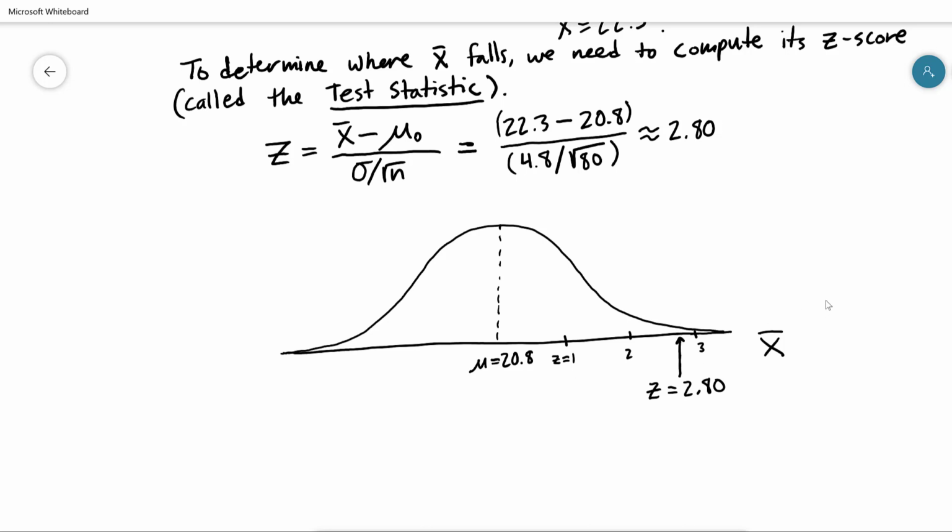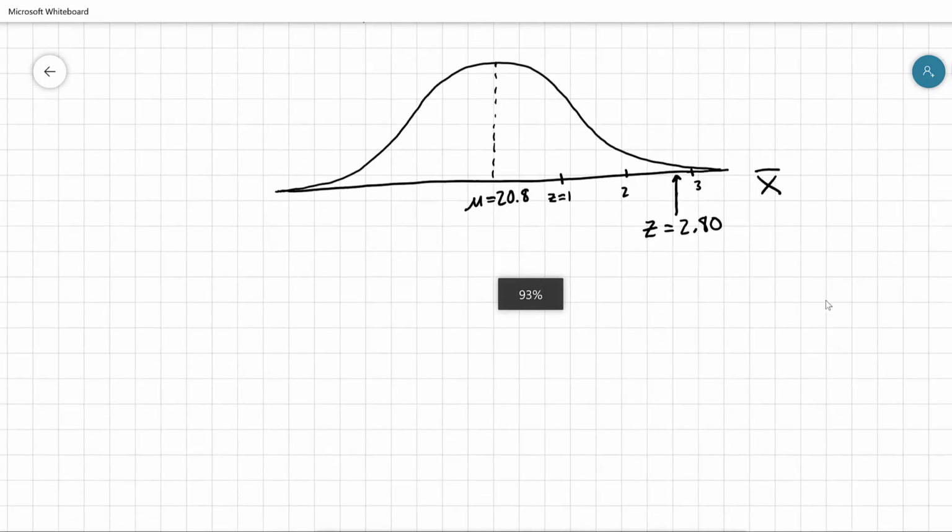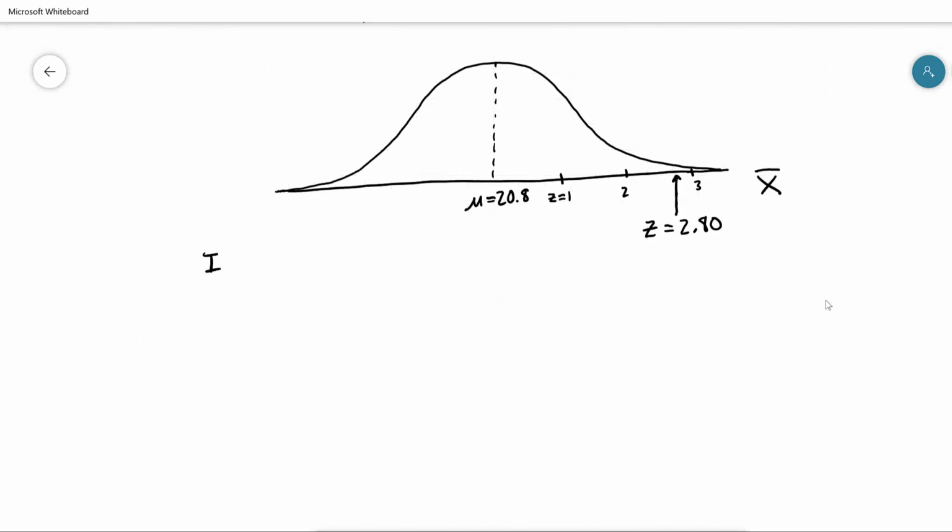So the question is, is this a weird result? Well, we need to quantify what we mean when we say weird. And this is where the idea of the significance level that I mentioned at the beginning of the video comes into play.